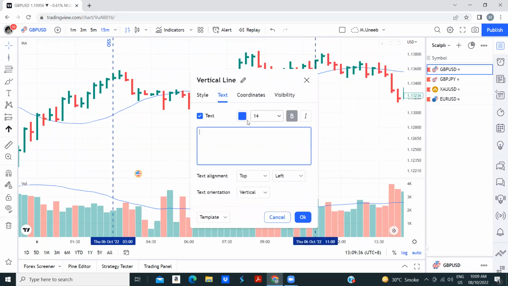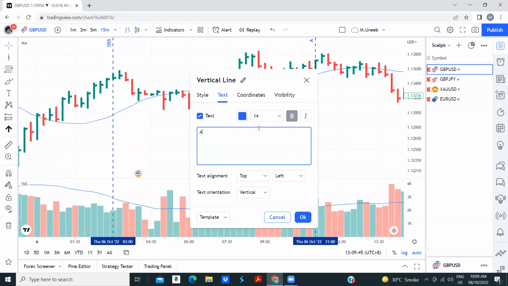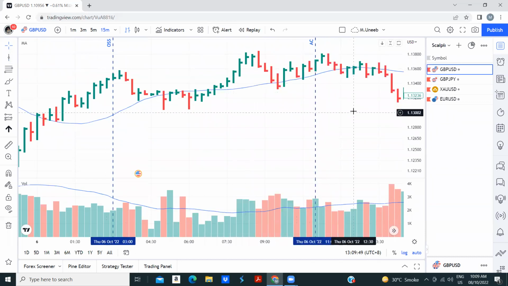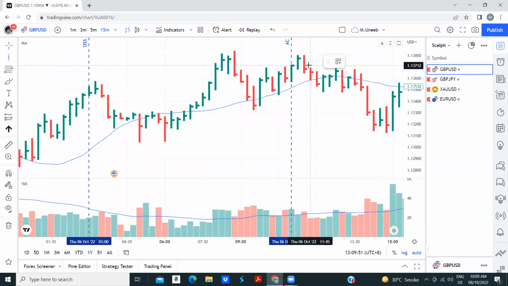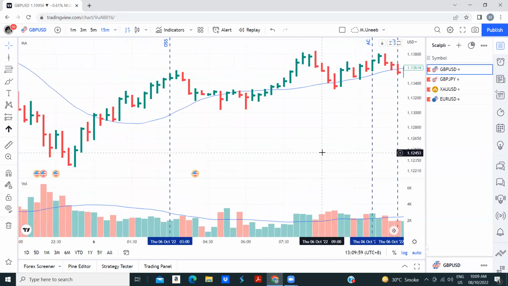Just mark this out as well. We call it AC, Asian close, and then we have London Open. So we have marked these three things out.